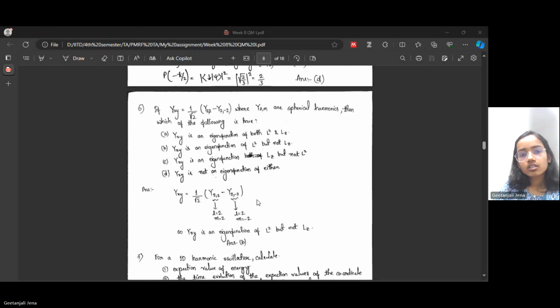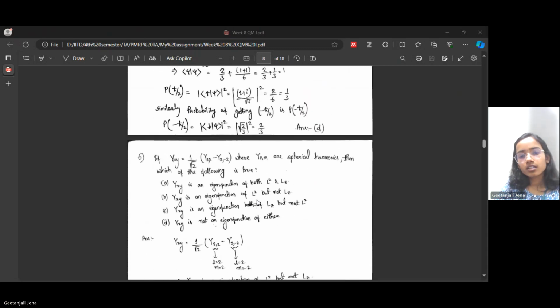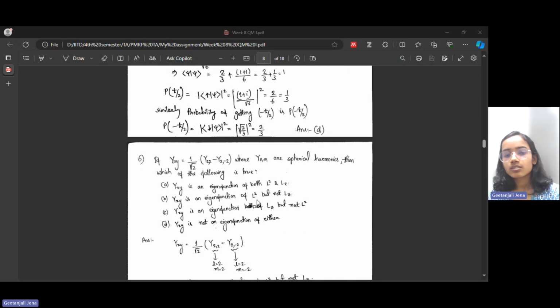So if you see psi, it is 1 by root 2 (Y22 minus Y2 minus 2). In the first term, if you find the L and M values for this spherical harmonic, you will get L equal to 2 and M equal to 2.